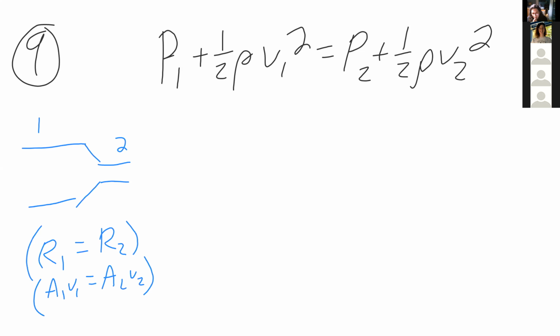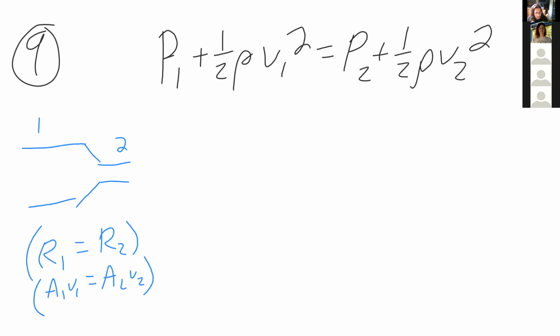So I have the areas, so I am going to use this relationship here. I have both the pressures P1 and P2. That's fine. I ultimately want to find one of my two velocities. So I actually have everything here that I need.